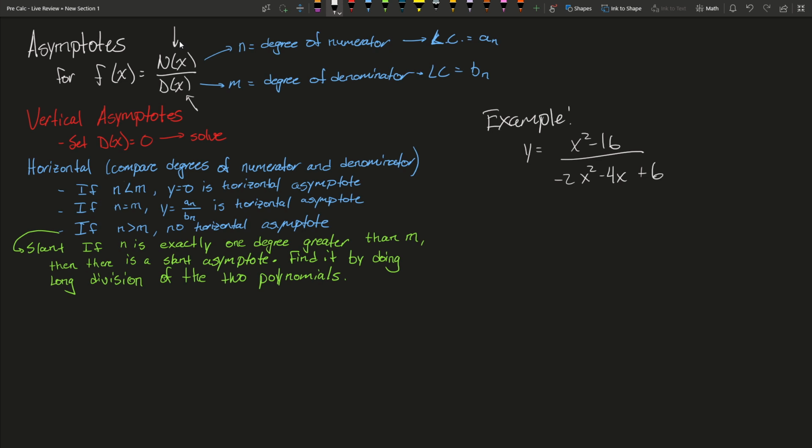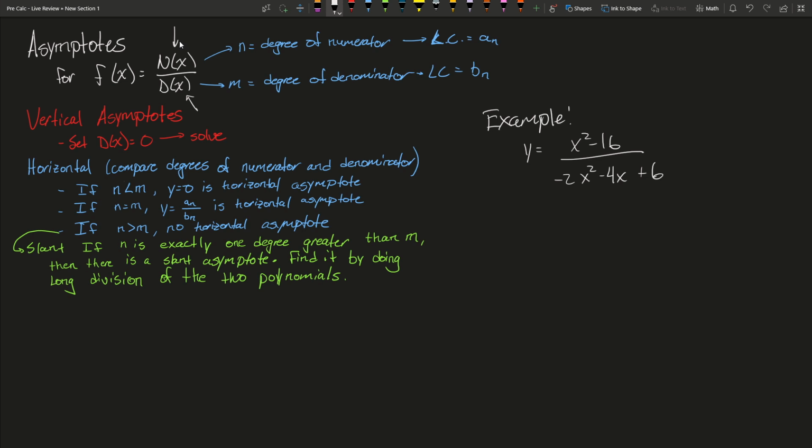So vertical asymptotes happen when our denominator is 0. The reason is that we cannot divide by 0. 4 divided by 0 is an undefined value, right? We can't divide anything by 0. So if you set the denominator equal to 0, whatever values you get, those are vertical asymptotes.